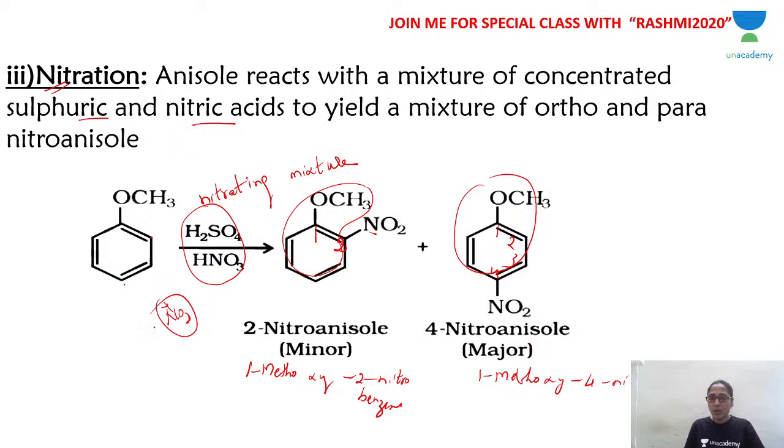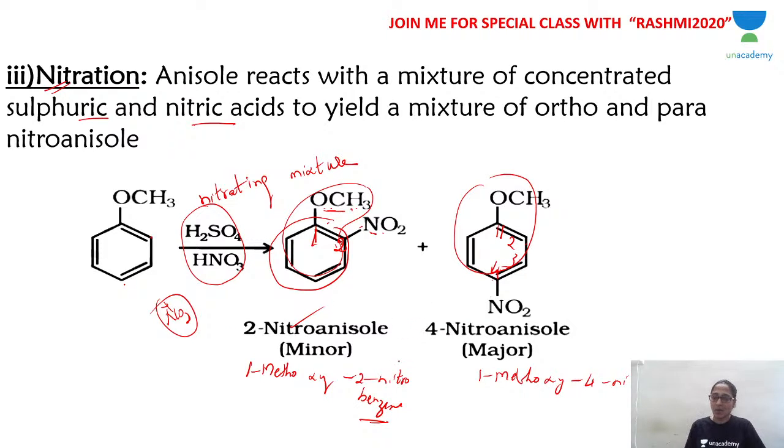You take this benzene as your root word. So when you have OCH3 and NO2, OCH3 takes the first position. So 1, 2: 1 methoxy 2 nitrobenzene, or 1 methoxy 4 nitrobenzene, or 2 nitroanisole, 4 nitroanisole.